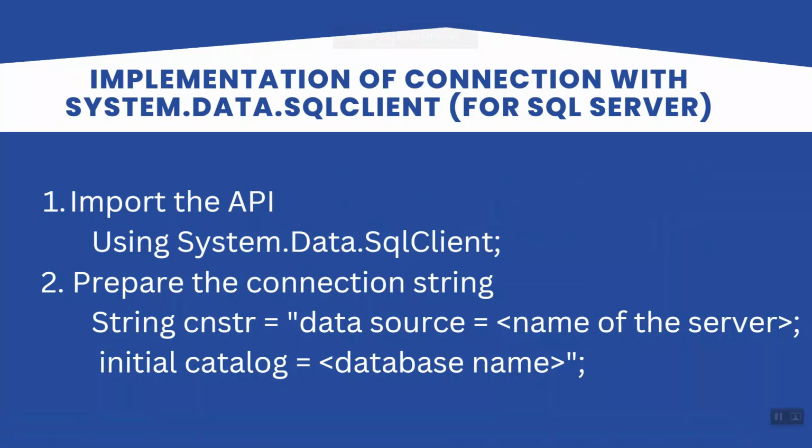Now let's see the implementation of a connection with System.Data.SqlClient. First step is to import the API, for which we use the library using System.Data.SqlClient. Second step is to prepare the connection string. Here we create a string named connection string, and give the data source, which will be our server name, and then our database name as the initial catalog.